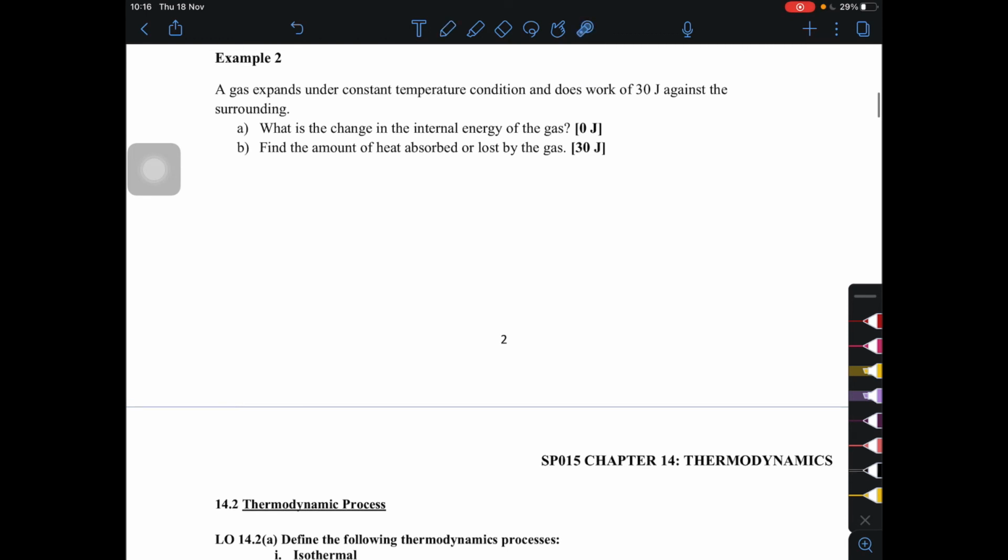Next one. A gas expands under constant temperature condition and does work of 30 joule against the surroundings. First, what is the change in internal energy of the gas? Next, find the amount of heat absorbed or lost by the gas. Here we have the keywords: a gas expands under constant temperature.